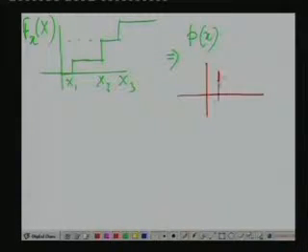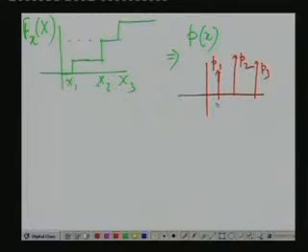We have one impulse here. Its strength will be P1, where P1 is the exact probability of x taking value equal to x1. Then there will be another impulse here. Then another impulse here and like that. P3. This is again x1. This is again x2. This is again x3 and like that.